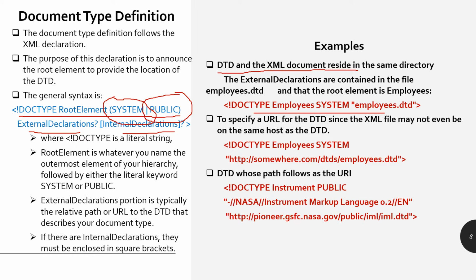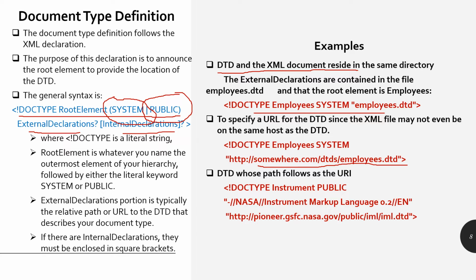If it is in the same directory, you can write just the name, otherwise you need to specify the path. Consider the other case, where it is hosted on some other system, and there you need to specify the proper URL. This is an example for that.